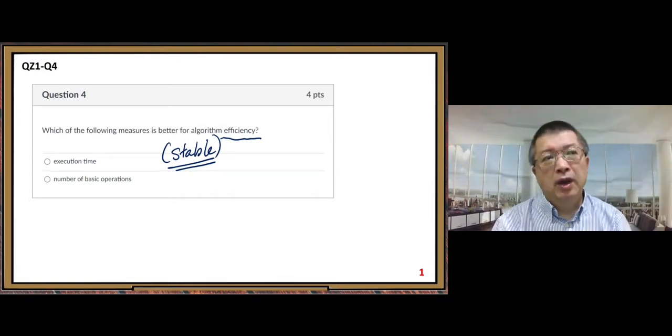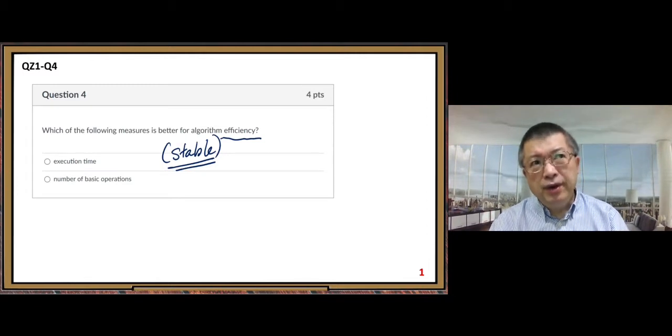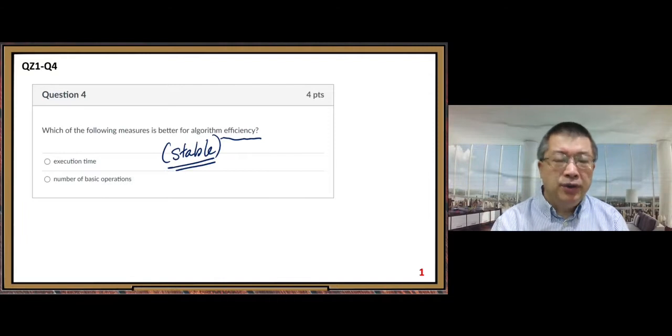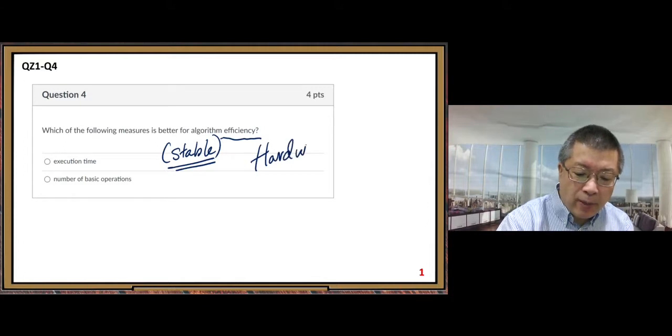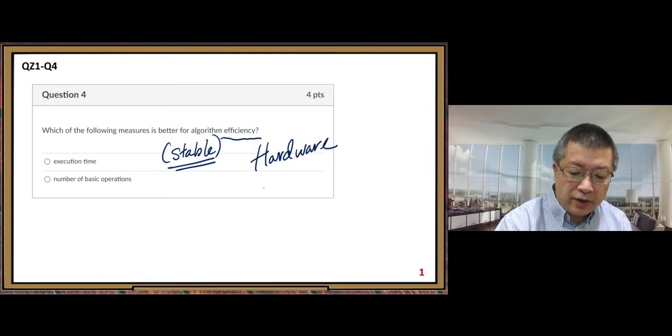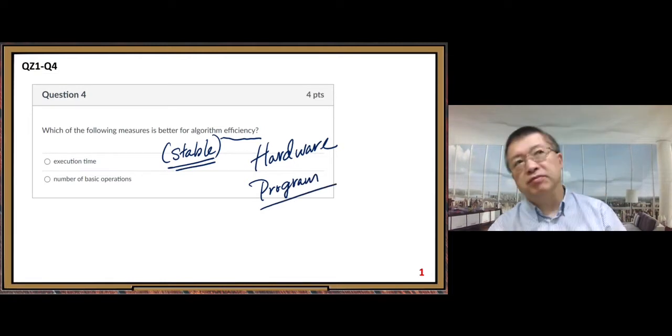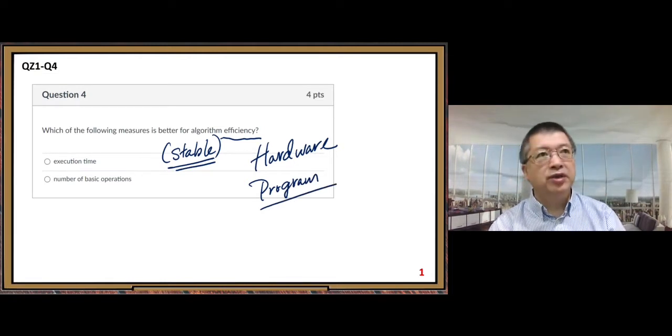Also, another possibility, the factor. The third one, the biggest one, is the hardware factor. The second is the program implementation.